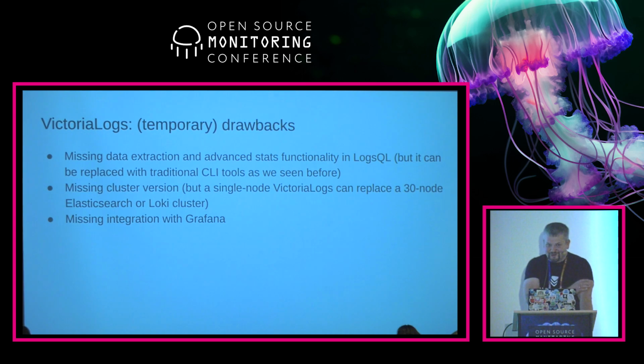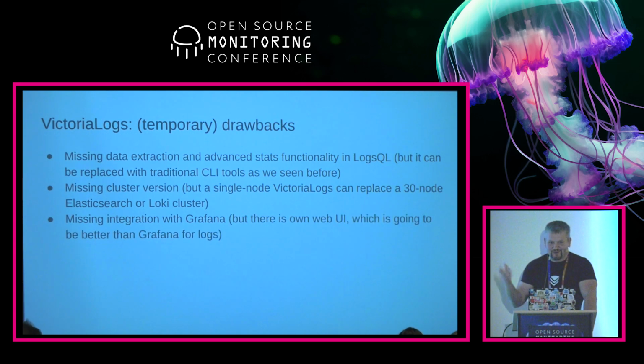And the last feature missing right now is integration with Grafana. But as you could see before, VictoriaLogs already provides its own web UI, and we are going to make this web UI much more useful for typical log use cases in the future.